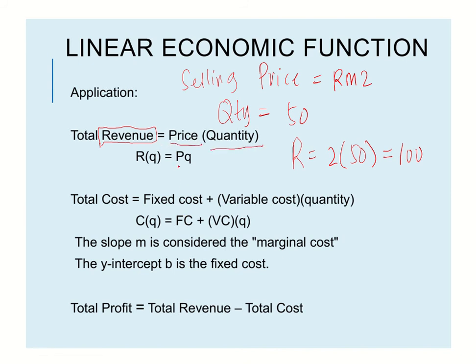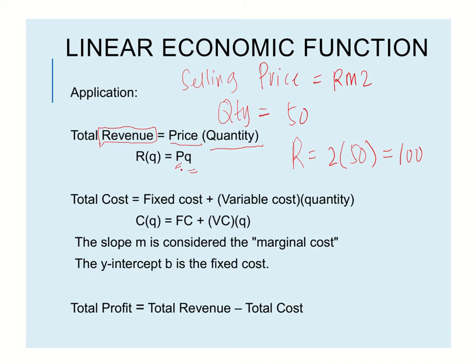In short form, we write it like this: P represents the price, Q represents the quantity. So the function of revenue, with the quantity given, will be price times the quantity.